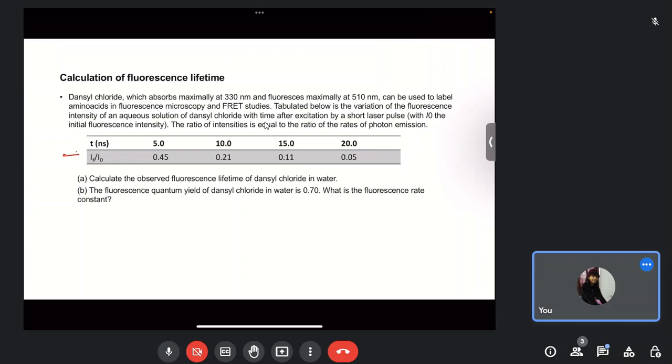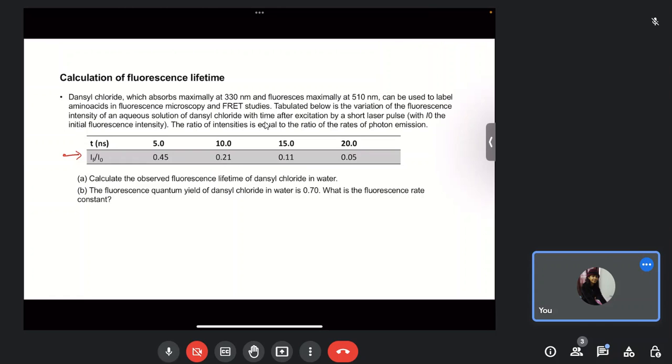Tabulated here is the variation of the fluorescence intensity in aqueous solution of dansyl chloride with time after excitation by a short laser, and the ratio of intensities is equal to the ratio of rates of photon emission. Calculate the observed fluorescence lifetime of dansyl chloride in water.